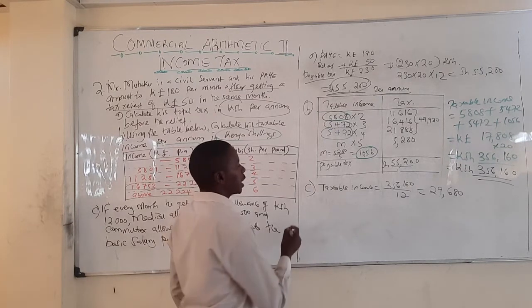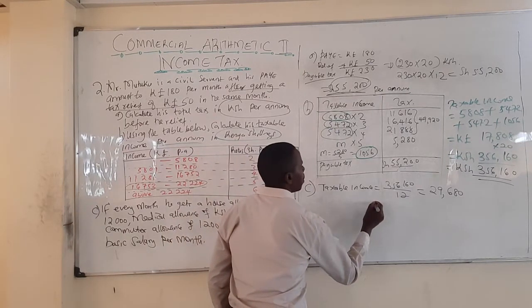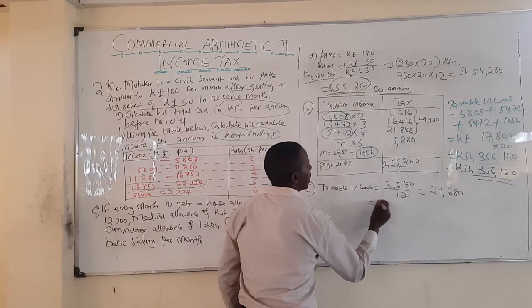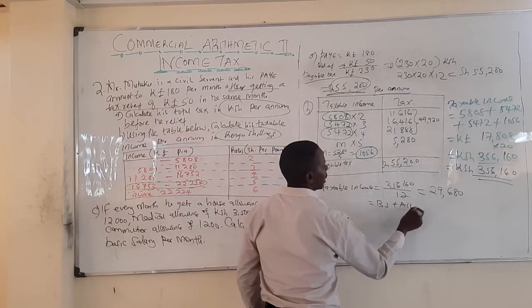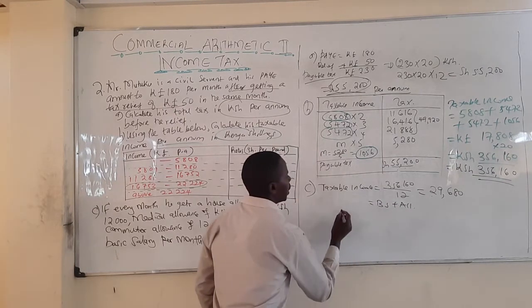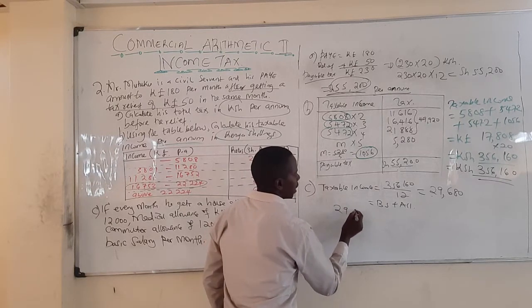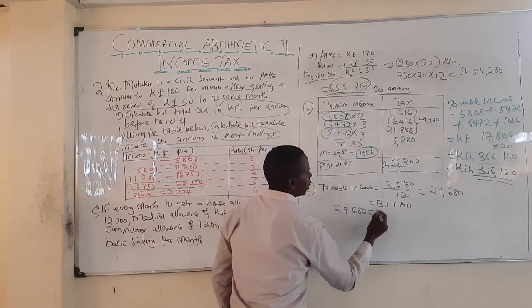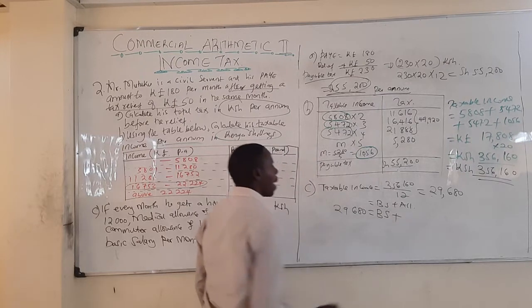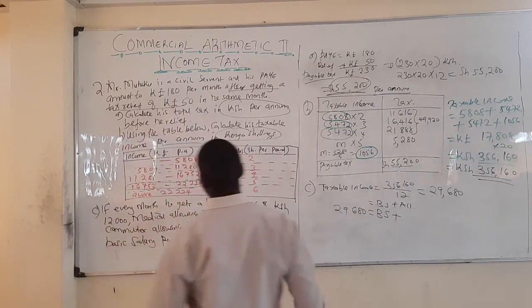And how do you get the taxable income? Taxable income is given by basic salary plus allowances. So this 29,680 is going to be given by the basic salary plus allowances. We have various allowances here.